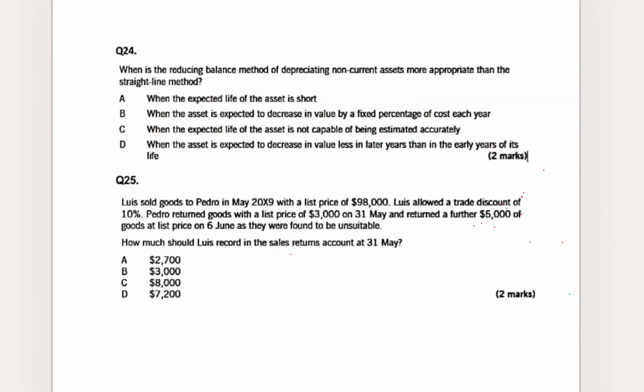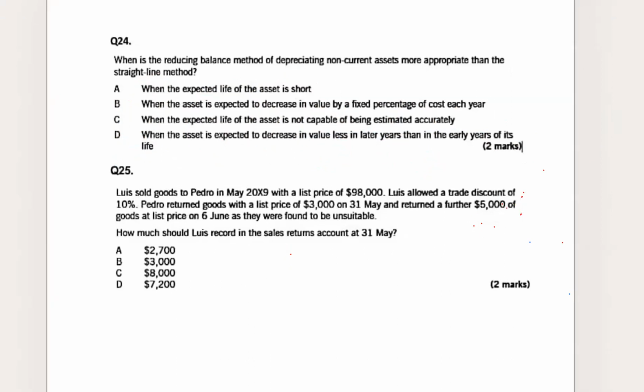Hilda Piri, would you read for us the question number, which one is this? 25? Let's read it. Question number 25 reads: Louis sold goods to Pedro in May 2019 with a list price of $98,000.